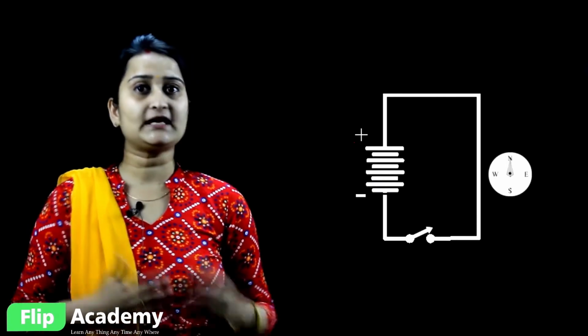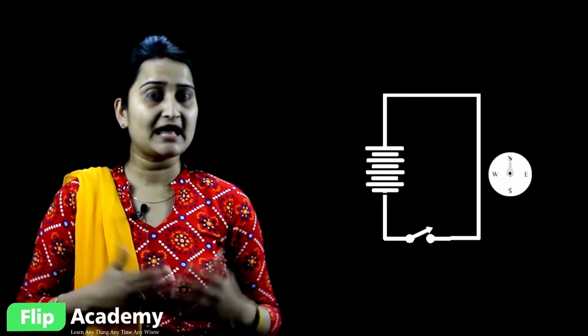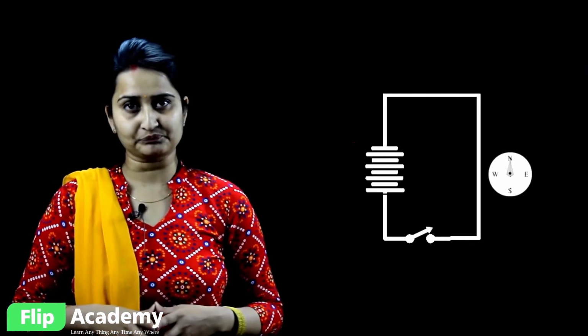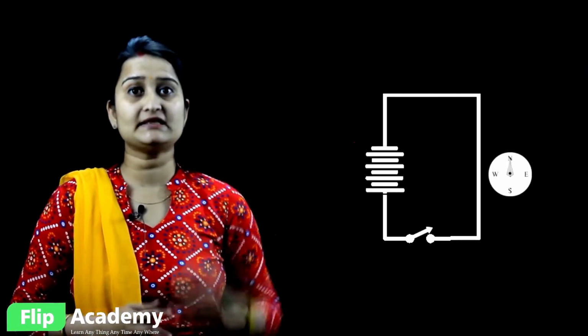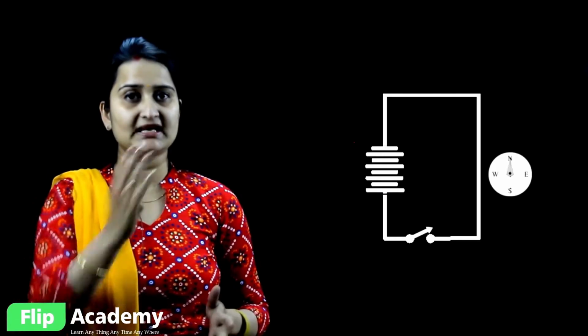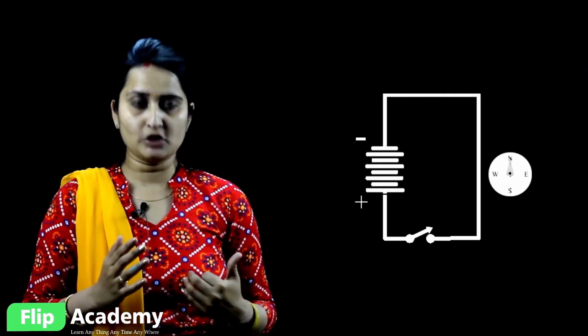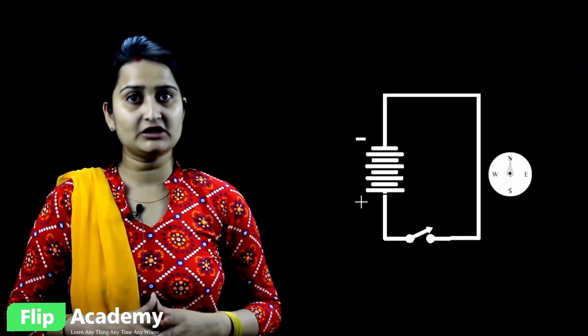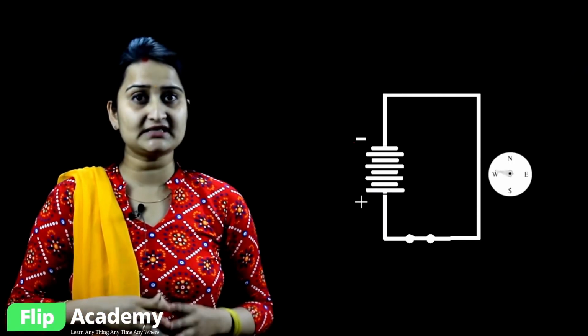Now, in the second part, just change the polarity of the battery you are using. If the battery is positive upward and negative downward, change the polarity so that it is negative upward and positive downward. After you change the polarity of the power supply, you see that the compass needle deflects in the opposite direction.